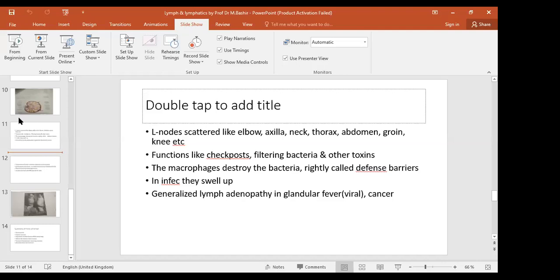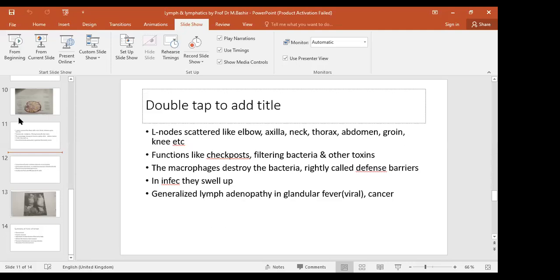Noxious materials में toxins होते हैं, bacteria वगैरह. The macrophages in the lymph node destroy those bacteria, so they are rightly called defense barriers.